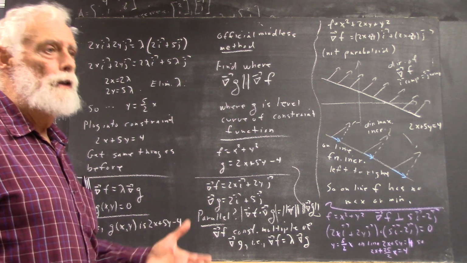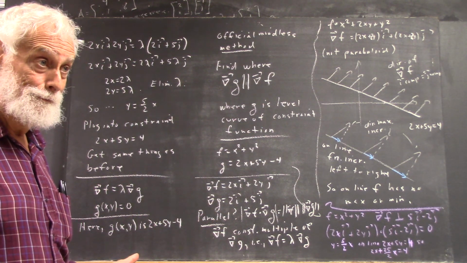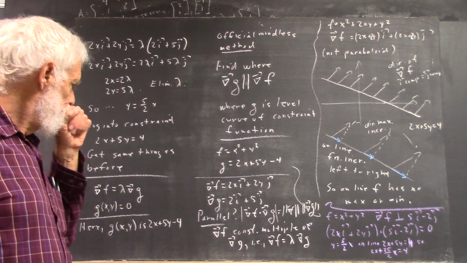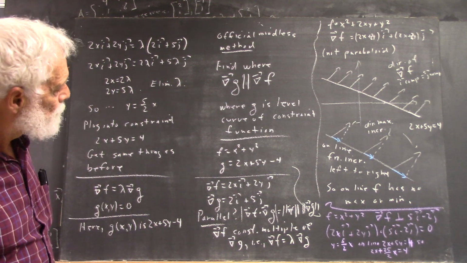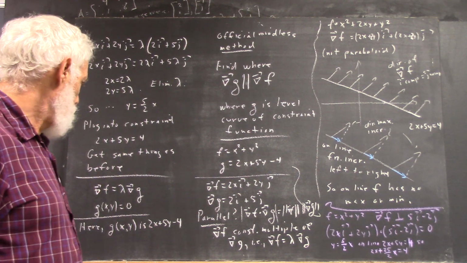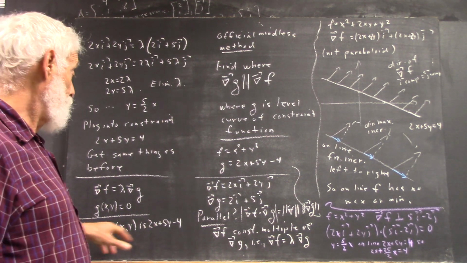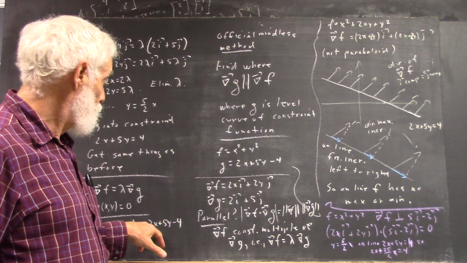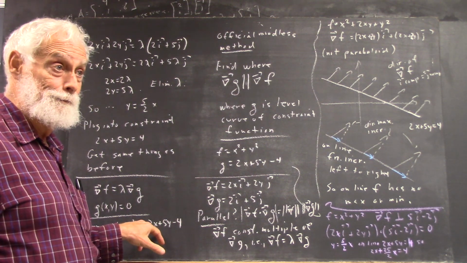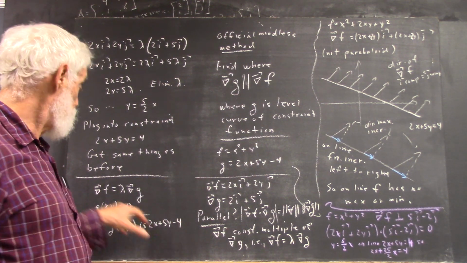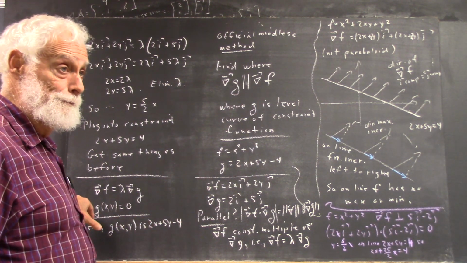Now, geometrically, why do we do that? Well, I'm probably not going to push you that far today. It just comes down to, well, this is a surface in three-dimensional space, and this is a level curve of that surface.